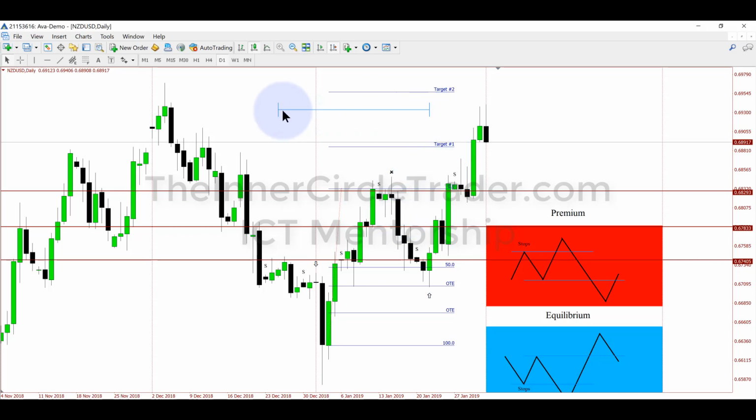Inside the last 20 days, look back on this day here. This was an old daily high, this was an old daily high, this was an old daily high. Sunday's not counted, Monday. All the way back to this day here on the 15th of January 2019. The high on that candle comes in at 68.47, 68.49.